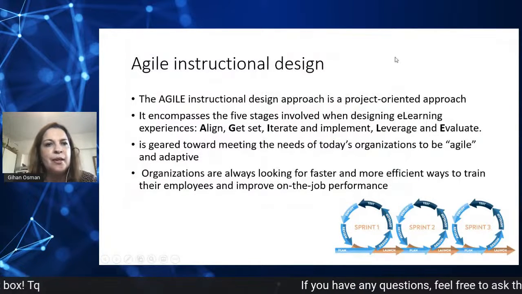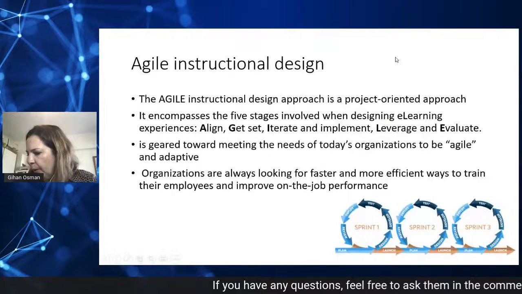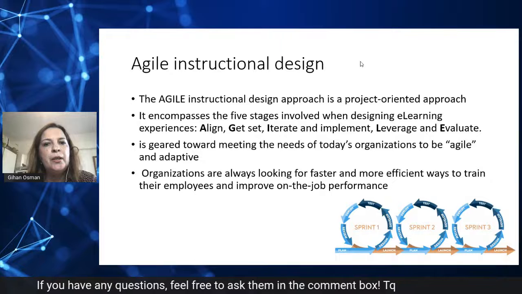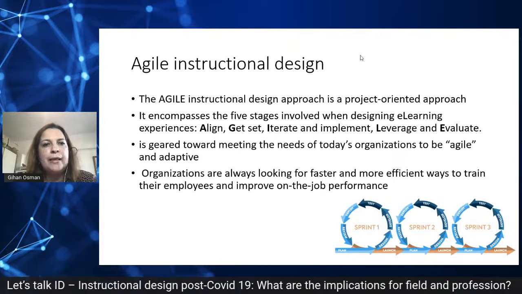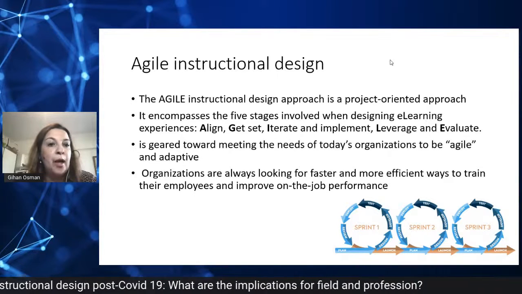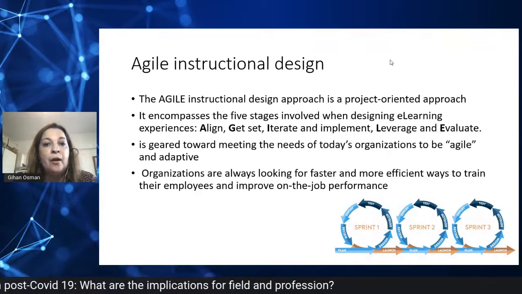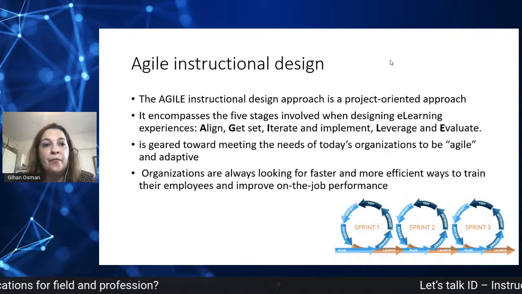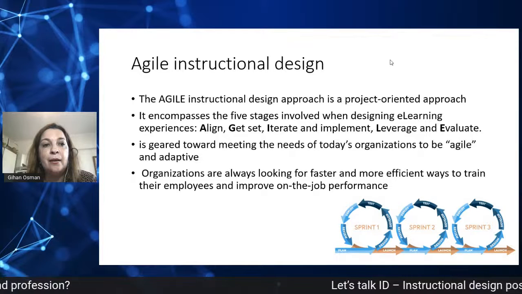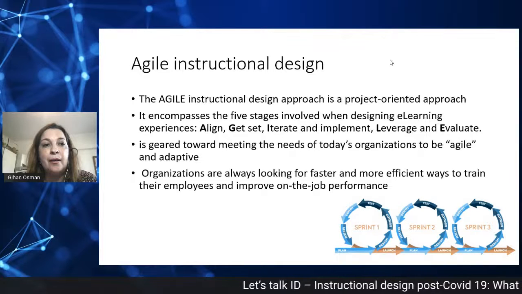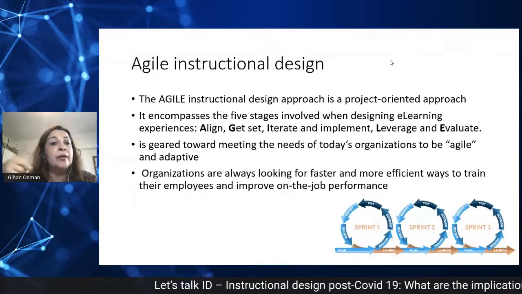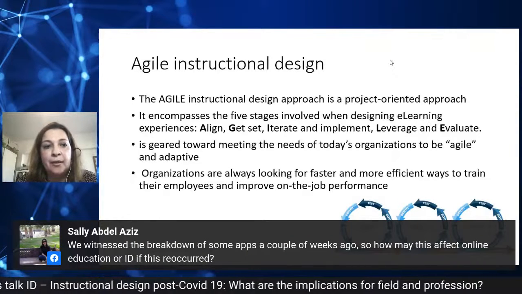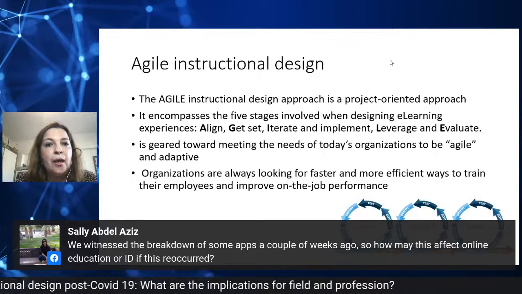This is usually associated a lot with the corporate world, with software design, but maybe we need to think of it more within higher education. The idea of sprinting, of going faster, of making less complicated, quicker testing, rather than comprehensive testing.